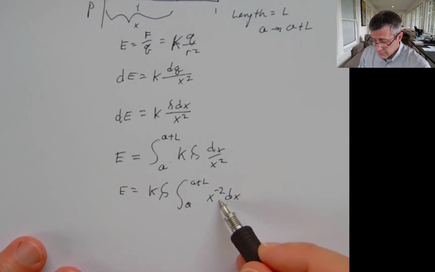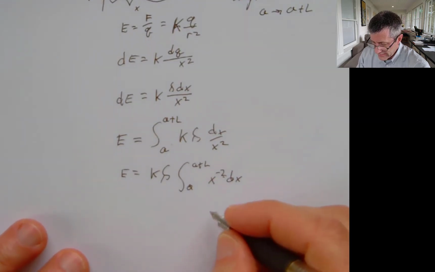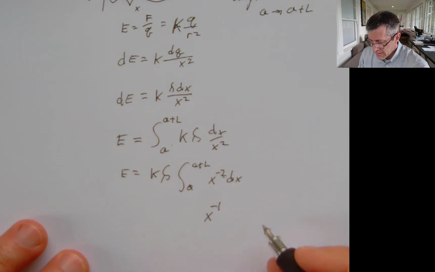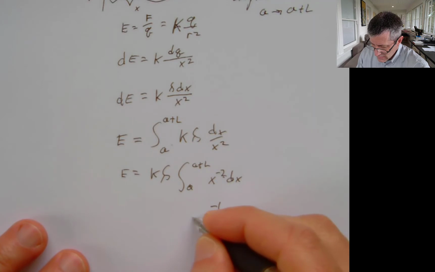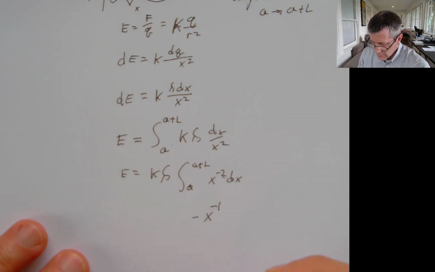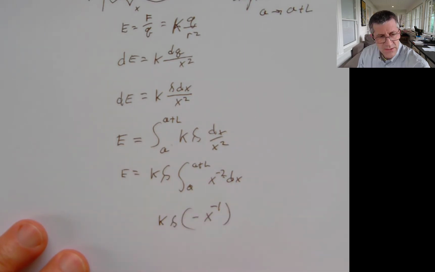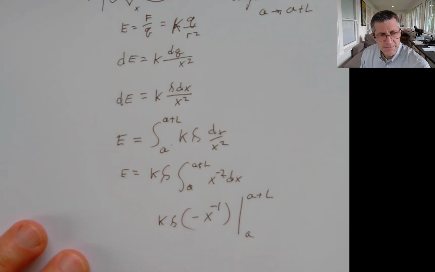I'm going to add 1 to the exponent and divide by that new exponent. So I add 1 to the exponent, I get x to the minus 1 now. I divide by my new exponent, and it's going to be a negative. And I multiply this by my constant still, and I want to evaluate this from a to a plus L.